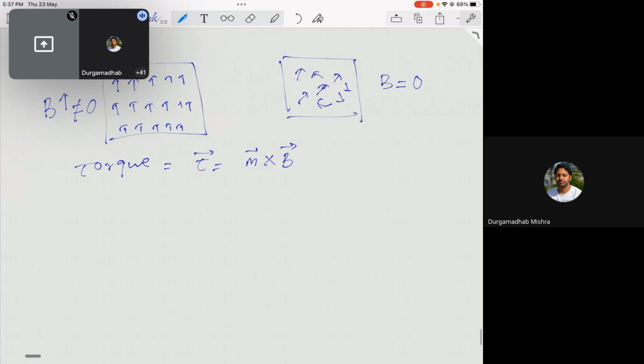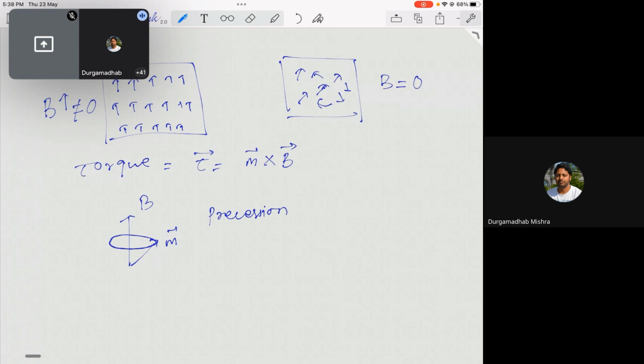So what do I mean by precess? If I have a magnetic field B and a magnetic dipole like this, it will start precessing around the magnetic field B, and then eventually it will get aligned along the magnetic field B. This has a special name, precession.